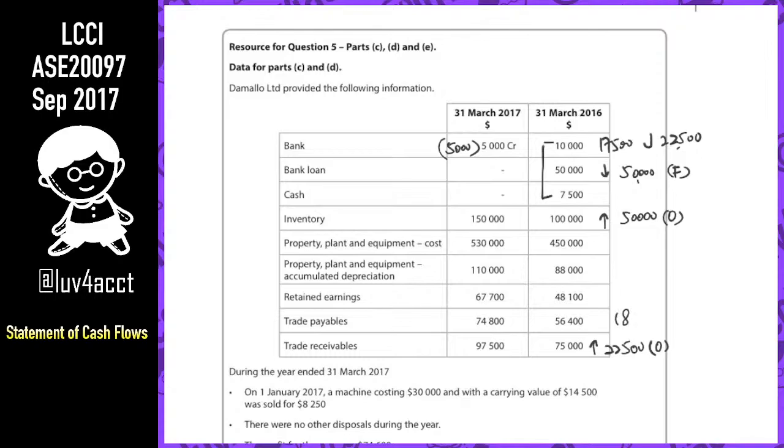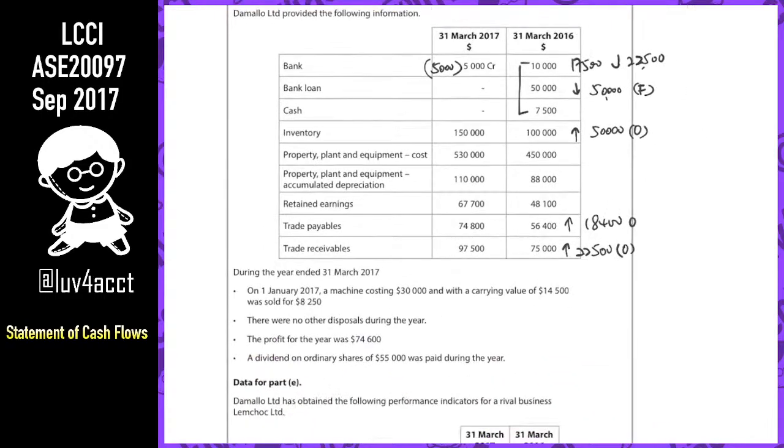18400 positive. During the year, a machine costing 30,000 with a carrying value of 14500 was sold for 8250. So 8250, let me use another color. The cost is 30,000.